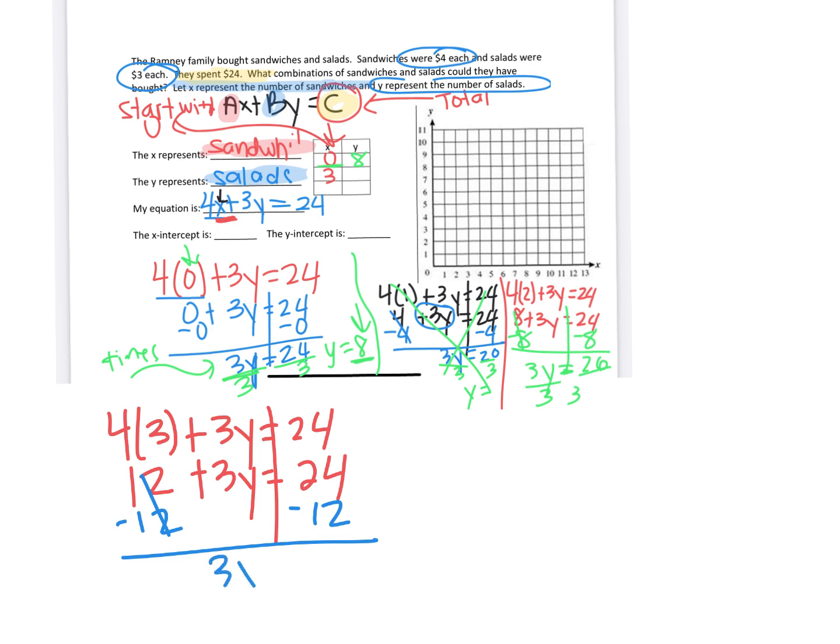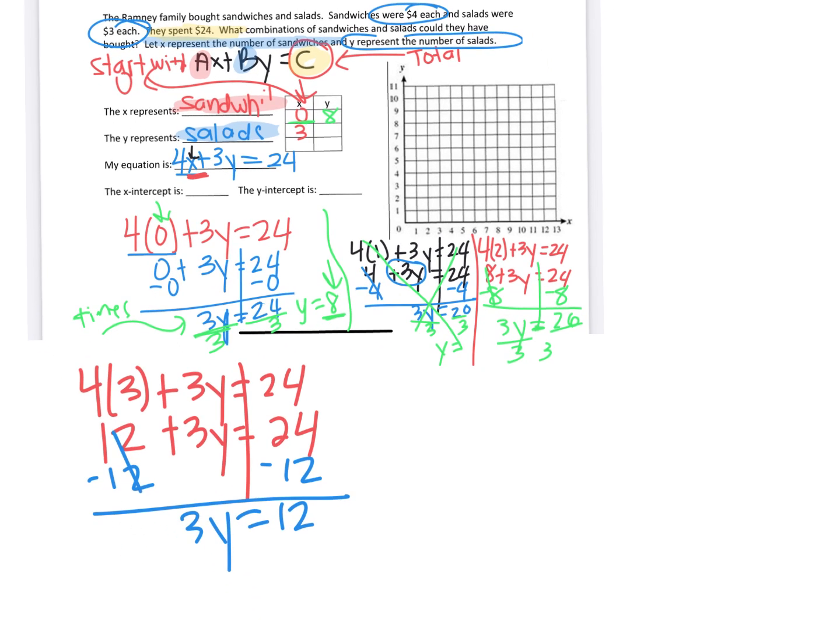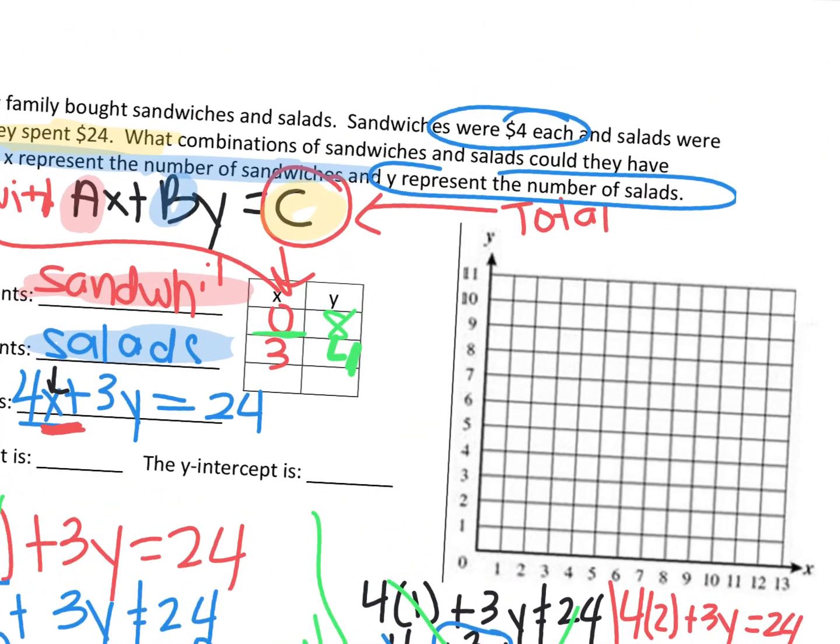I have 3y equals 12. Oh my goodness, I think we found one that works. It is 4. We finally found the one that works. So when we put in 3, we got out 4. All right, fantastic.